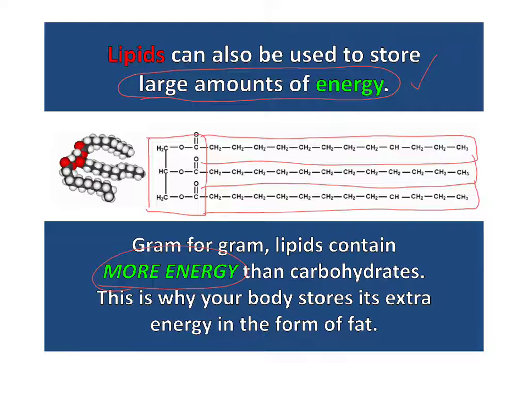Look at your notes. Why does your body store its extra energy in fats instead of carbohydrates? Because gram for gram, lipids contain more energy than carbohydrates. There's your answer right there. Everything I just underlined. Gram for gram, lipids contain more energy than carbohydrates.